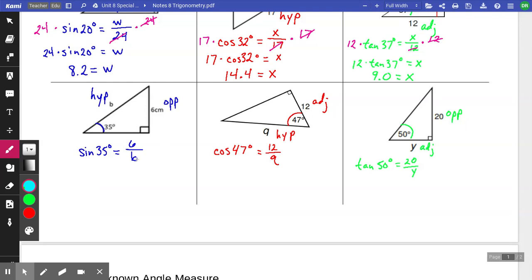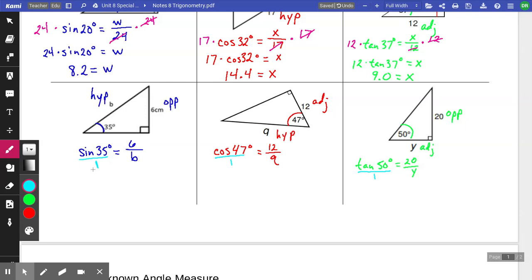When you have the variable in the denominator, an easy approach is rewrite these as proportions. Okay, put sine of 35 degrees over 1 equals 6 over b. Cosine 47 degrees over 1 equals 12 over q. Same here. Because now you can see that we can just cross multiply.